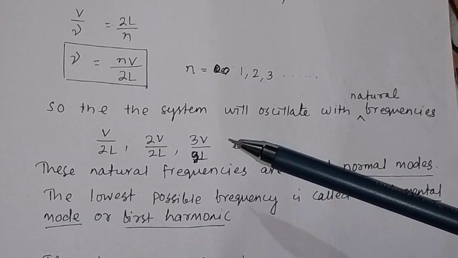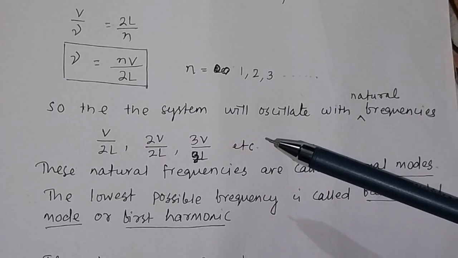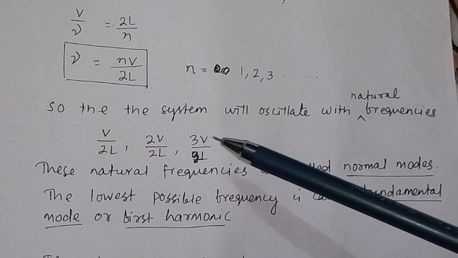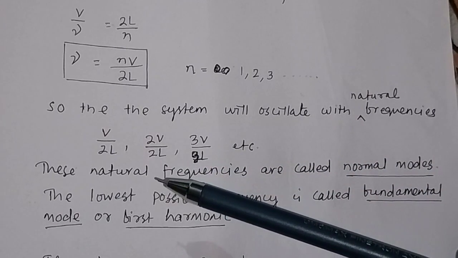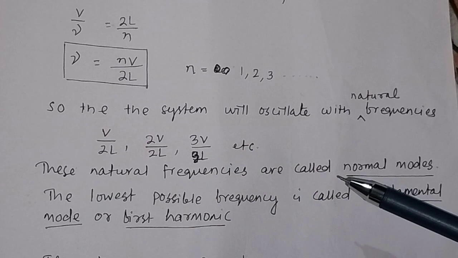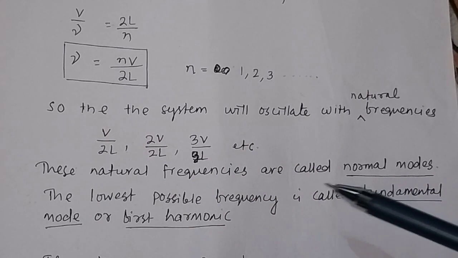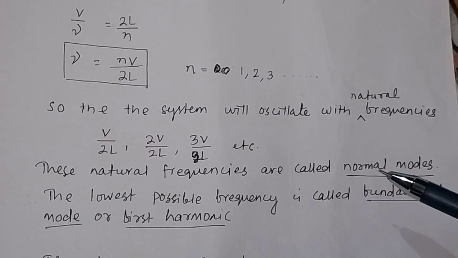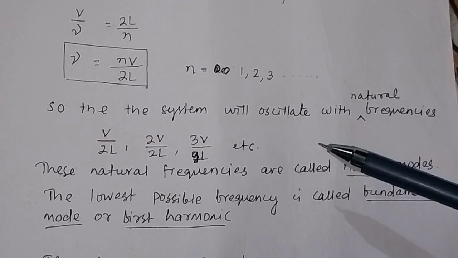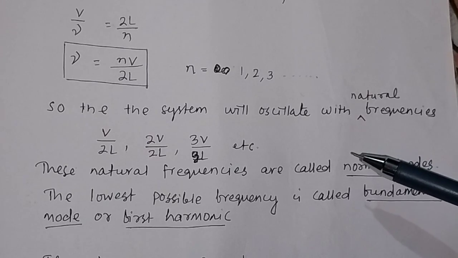This system cannot oscillate with any arbitrary frequency. The system will oscillate with these natural frequencies. And these natural frequencies are called normal modes. Remember, these natural frequencies are called normal modes if at the endpoints you have nodes.